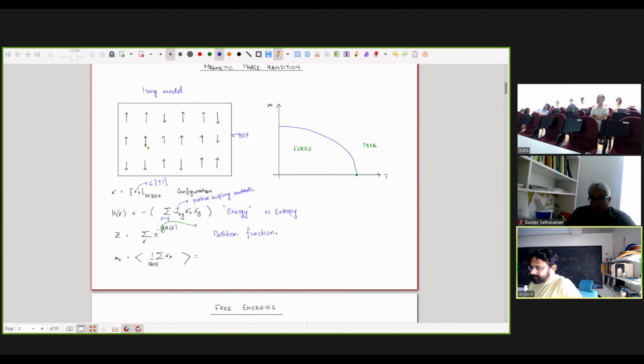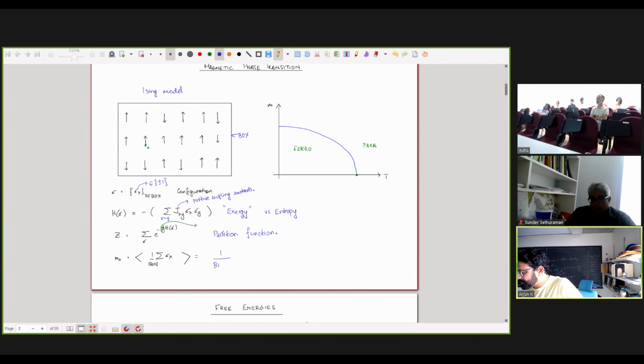An important statistic in this model is the overall or average magnetization. So that's written as this Gibbs average here in these curved braces. I'll write that more precisely in terms of the partition function.